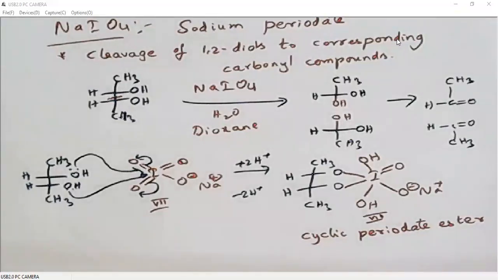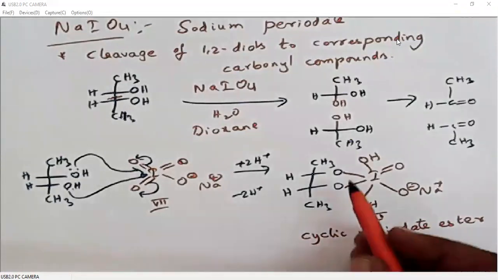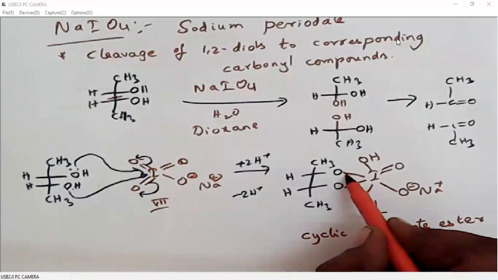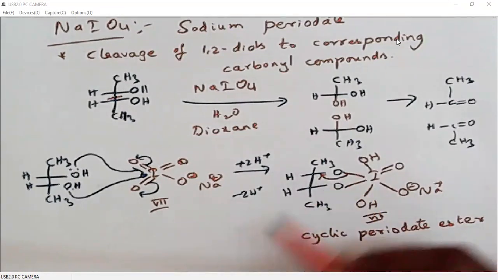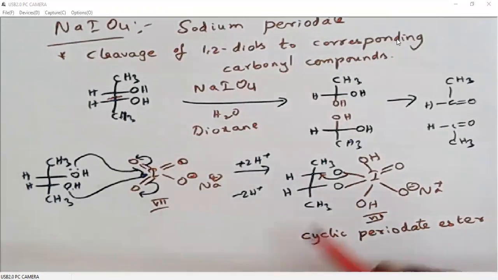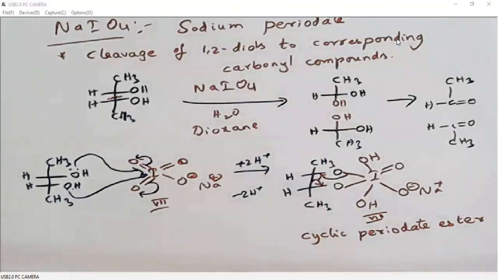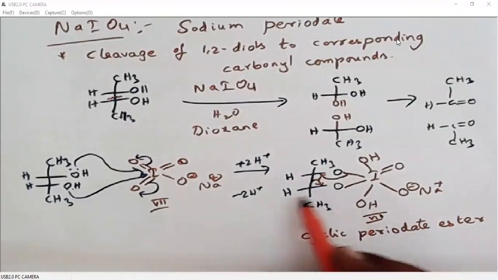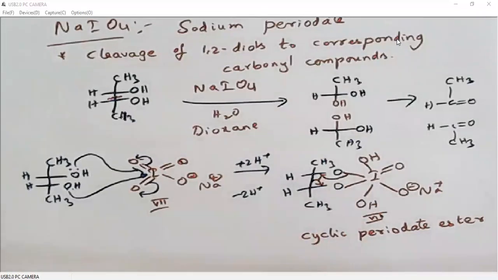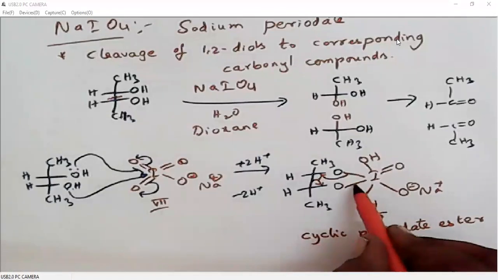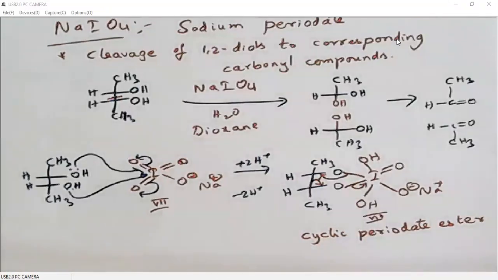Then in the next step, what happens? This undergoes oxidation-reduction. That means one bond will be polarized like this to form a carbon-oxygen double bond. Then the carbon-carbon bond breaks and is polarized towards a carbon-oxygen, so it forms a carbon-oxygen double bond. Now it is giving electrons, so it will get positive charge. This lone pair will now be polarized towards iodine.